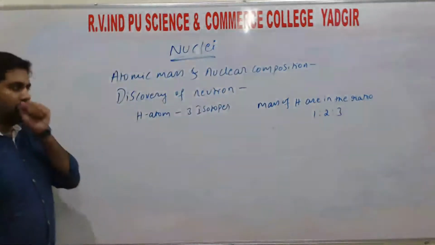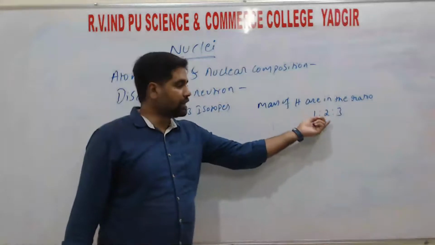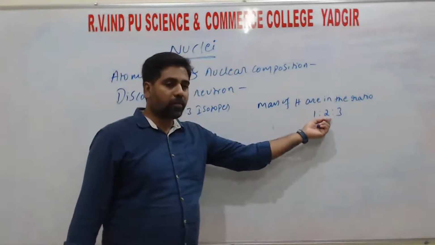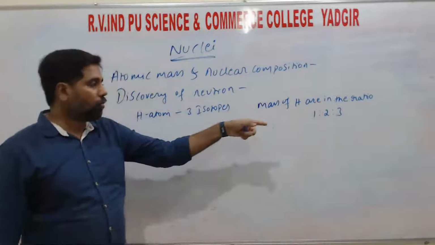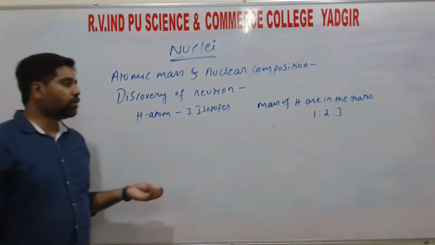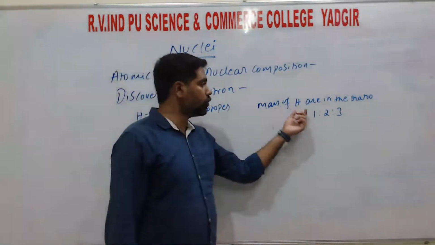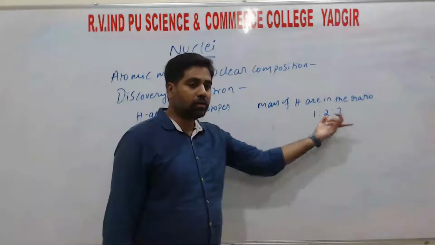The mass of the proton is 1.0076, the mass of the deuterium is 2.014, and the mass of the tritium is 3.0160. If we take the ratios of the masses, we get 1:2:3.